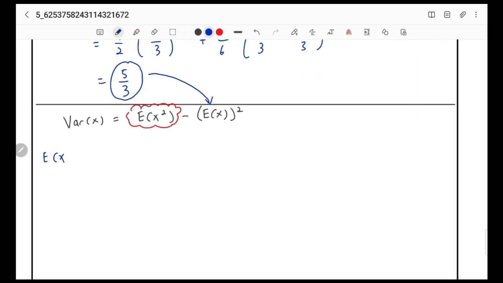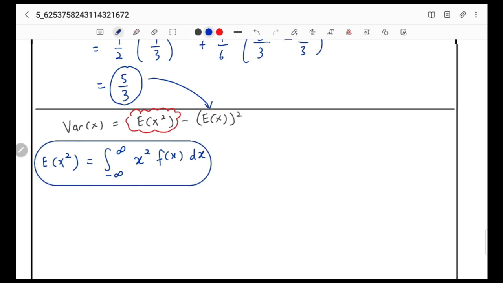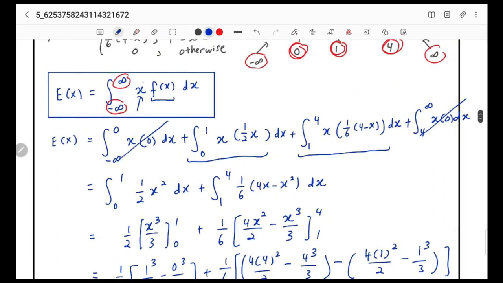So EX squared, the formula for EX squared is just integrate negative infinity, x squared multiplied with the function. This is the formula, which means it's going to be looking like this, but instead of x, we need to put it x squared.